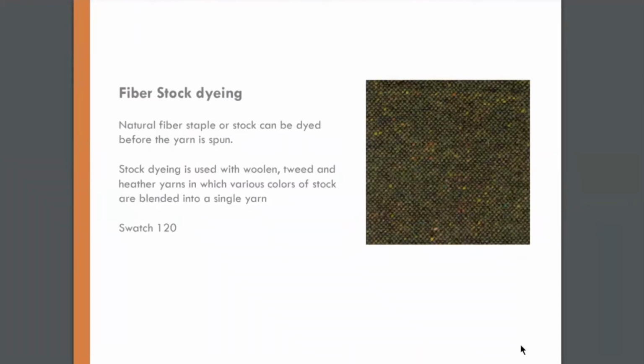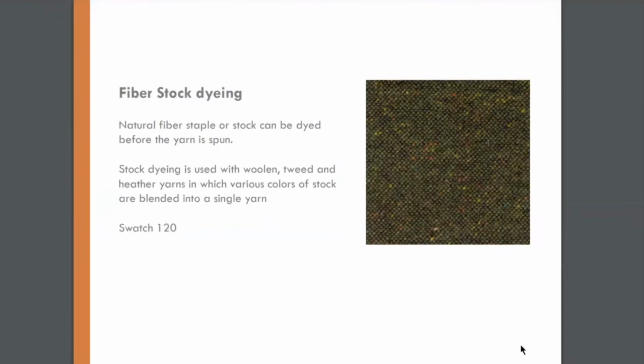So this has been extruded in its dope state and given slubs and nubs to really look like natural fibers that has been stock dyed. So I don't think this book is quite there yet, but again, most fibers we look at for stock dyeing are natural. So what happens?